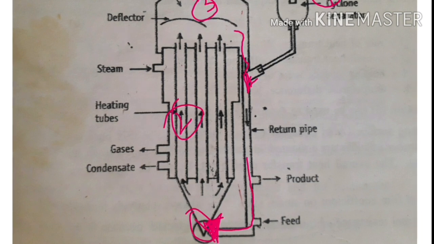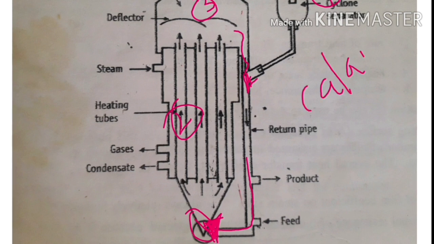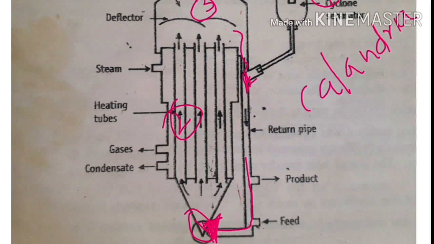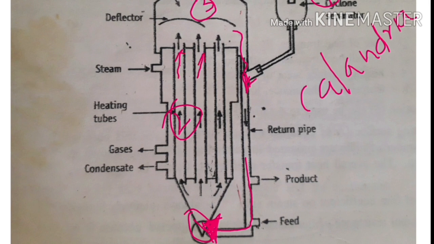Actually, this steam compartment contains calandria. Calandria is the heat exchanger part which is used in forced circulation evaporator. Inside the steam compartment, there will be calandria. Calandria is used for the purpose of heat exchange. Inside the steam compartment, you can see several vertical tubes arranged in a parallel manner.